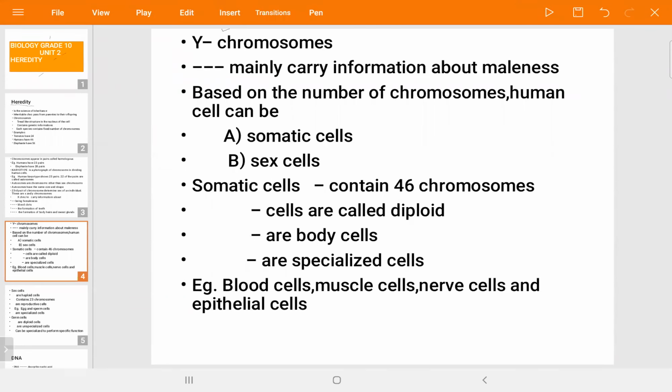They are specialized to perform specific functions. For instance, the white blood cells of humans help us to defend against disease-causing organisms, pathogens. Muscle cells contract and relax to produce movement.